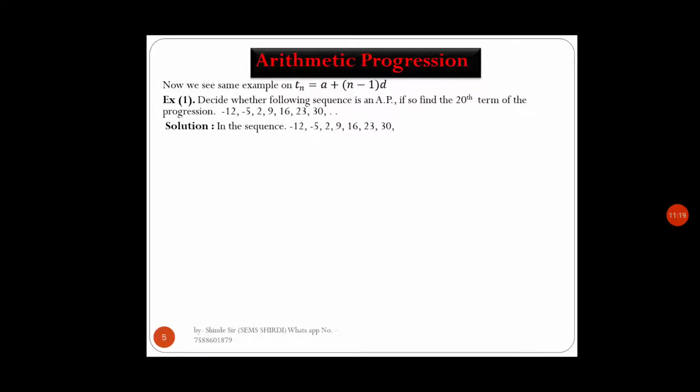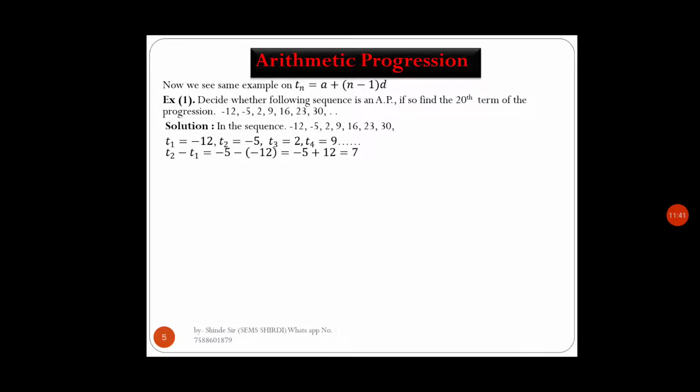Now we see. Here T1 is equal to minus 12, T2 is equal to minus 5, T3 is equal to 2 and T4 is equal to 9. These are the terms. First term minus 12, second term minus 5, third term 2, fourth term 9 and so on.